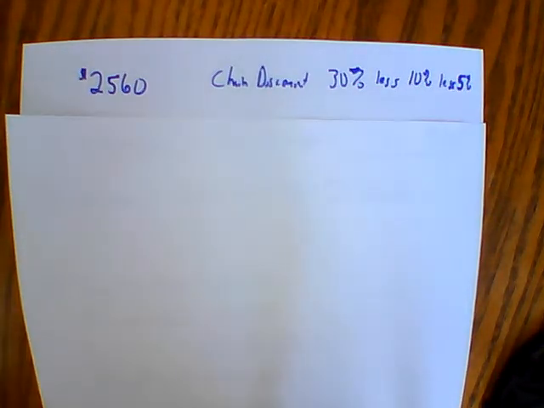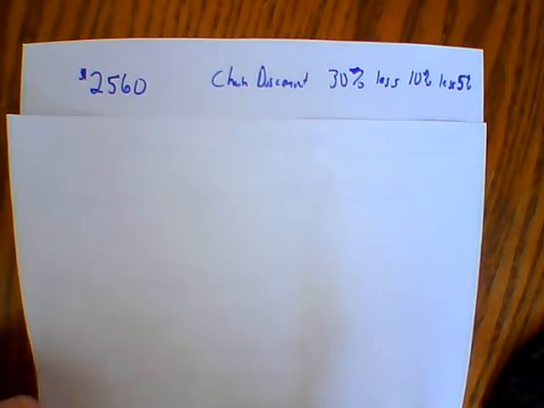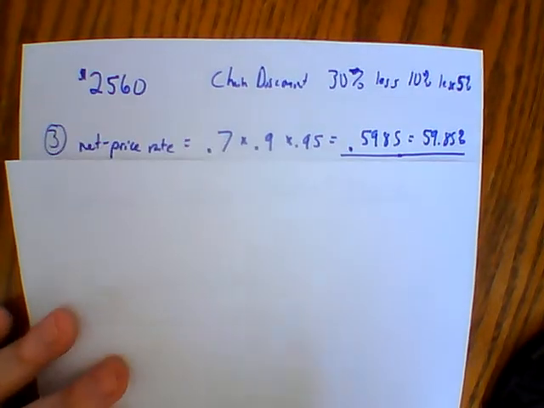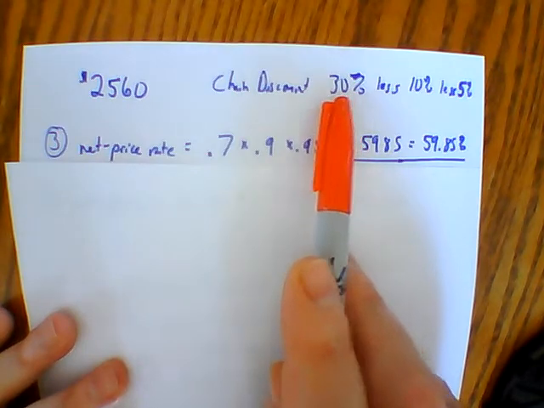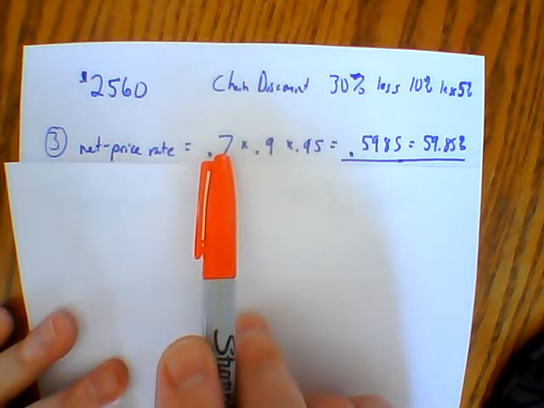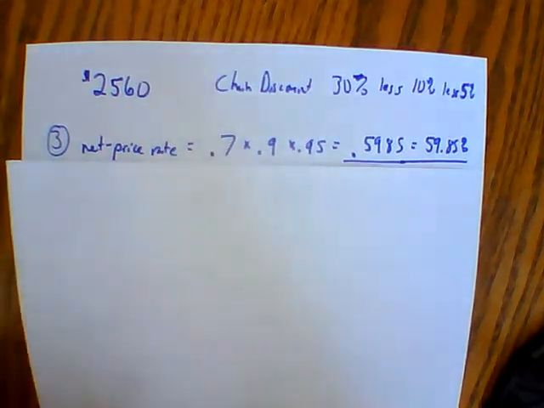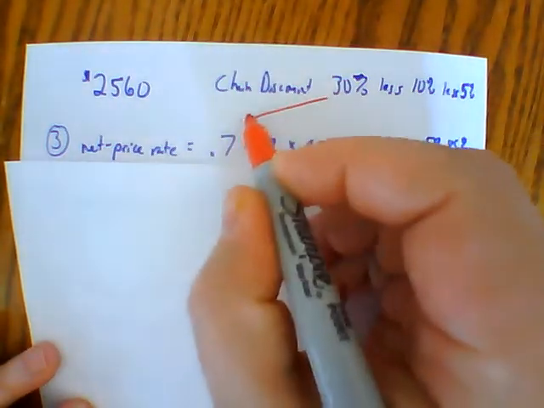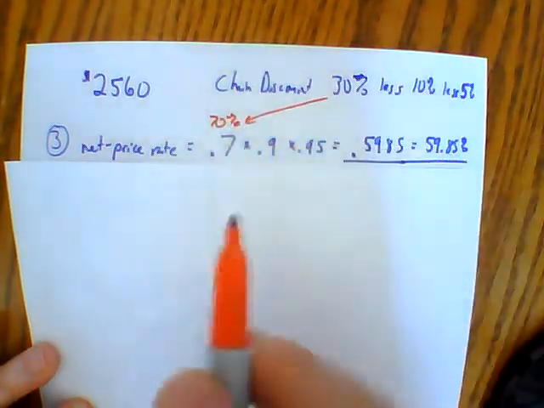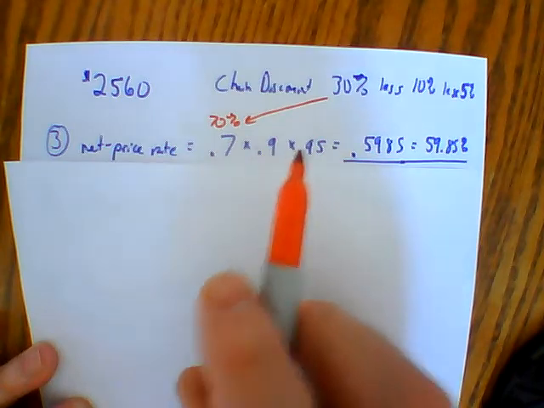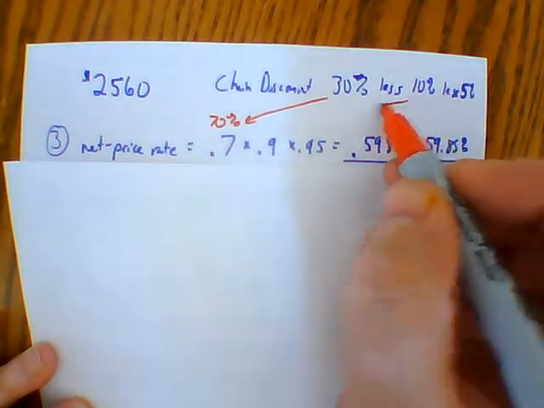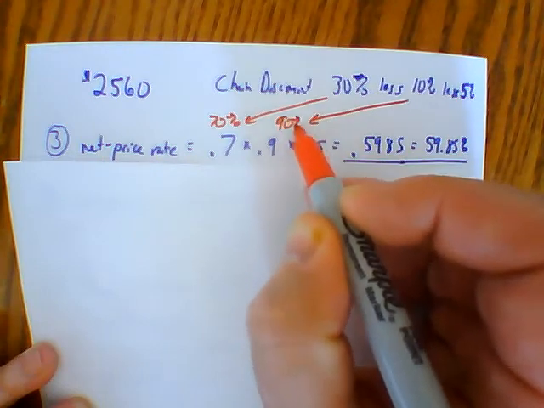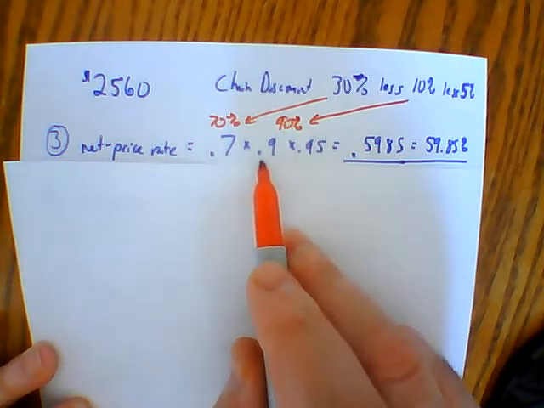In number 3, they ask for the net price rate. Once again, the net price rate is taking all the complements. The complement of 30% is 70%, which is where that 0.7 comes in. The complement of 10% is 90%, which is where 0.9 comes in.